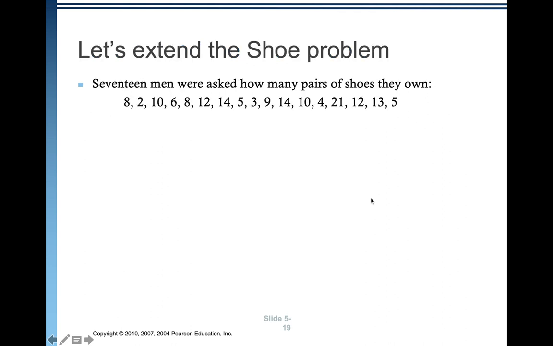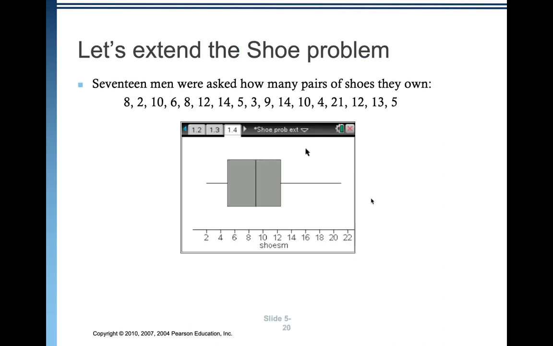Let's look at the distribution of men's shoes, and then we will compare the two. So here we've got the distribution of the men's shoes. Again, just like I talked about earlier, we could go through and estimate the numbers in the 5 number summary. We can talk about where there is less variability and where there's more variability within the distribution.